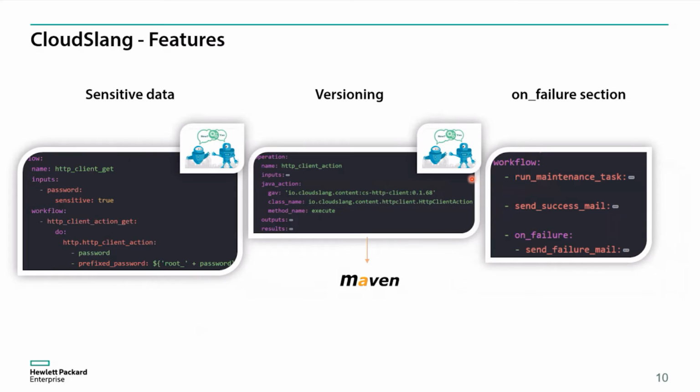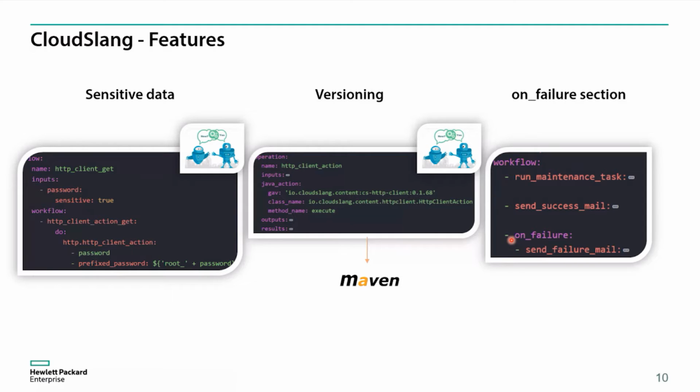A very nice feature, I would say, is the fact that we have on failure sections in CloudSlang, meaning that imagine you define a workflow with several steps. These steps can be either simple operations or additional workflows. And now let's imagine a workflow in which you don't want to take a decision for each particular step, what happens in terms of a failure.